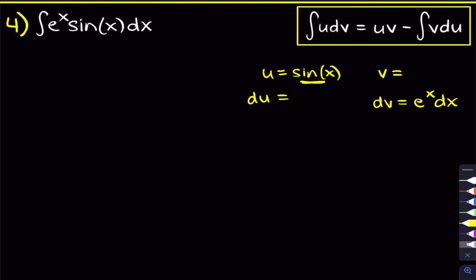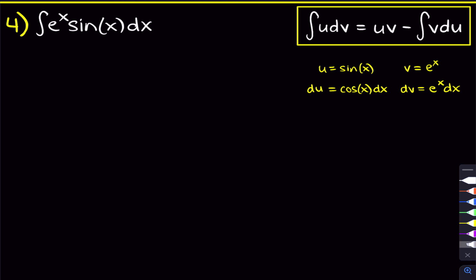And now we can go find our du and our v. Now since u is sine of x, du is going to be the derivative of sine of x, which is cosine of x, times dx. And v is going to be the integral of dv. dv is e to the x dx. The integral of e to the x dx is e to the x. And now we can plug into our integration by parts formula.